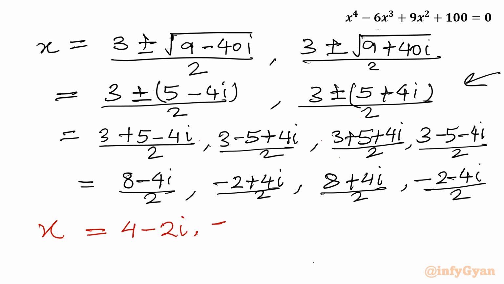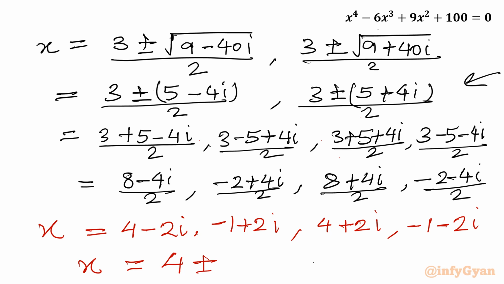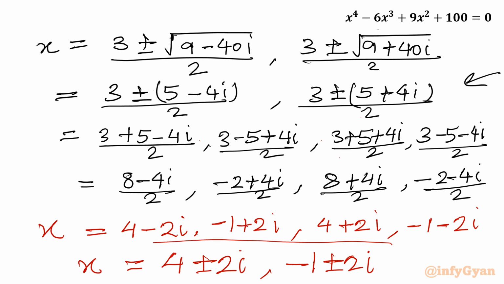Then we can write minus 1 plus 2i. Then we can write 4 plus 2i. Then we can write minus 1 minus 2i. So overall we have got all 4 complex solutions. So let me write in this form: 4 plus minus 2i and minus 1 plus minus 2i. 4 complex valued solutions using the application of the quadratic formula.